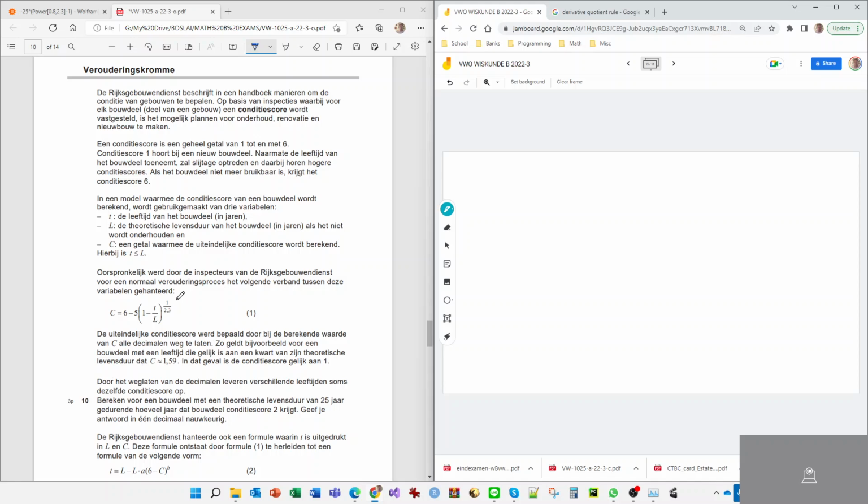And they use this equation for C and T and L. And then they remove all decimals when they calculate C. They kind of round it down.